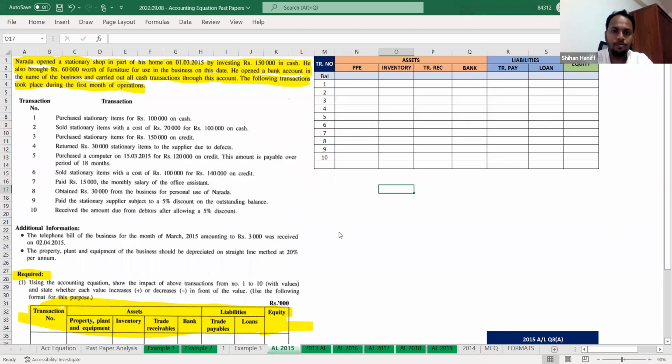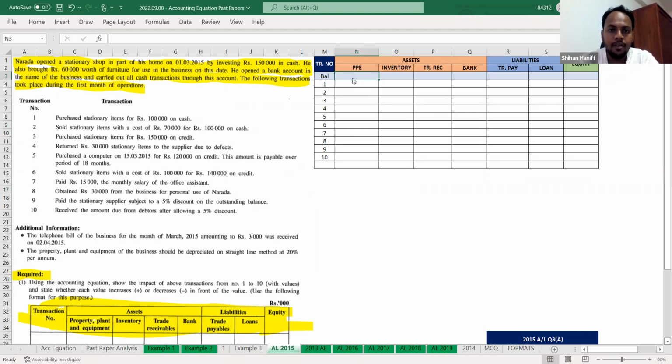Before we do transaction number 1, there is an initial investment on 1st of March 2015. Narada opened the stationery shop and invested 150,000 in cash. He also brought 60,000 worth of furniture. So 150,000 cash and 60,000 worth of furniture are in the business at the beginning.